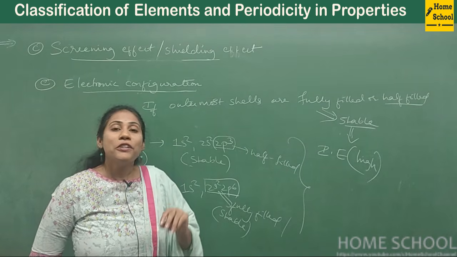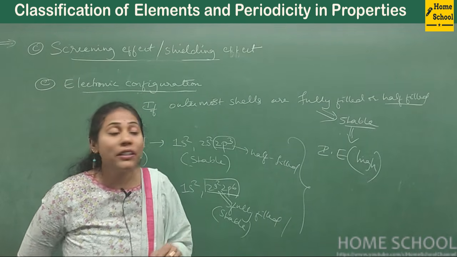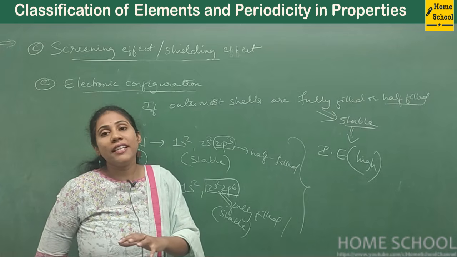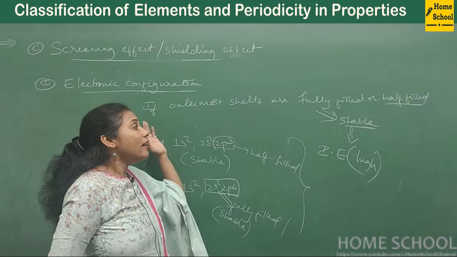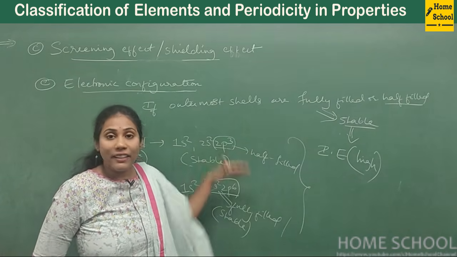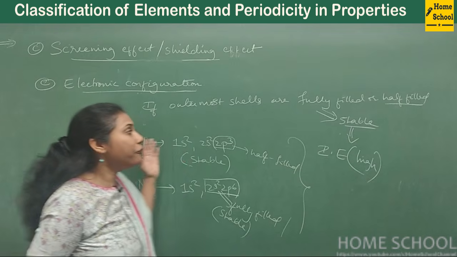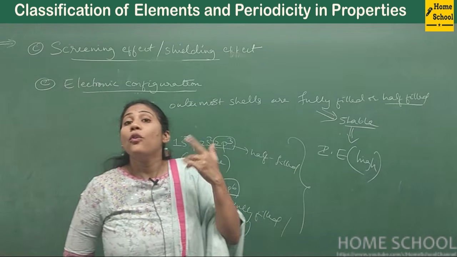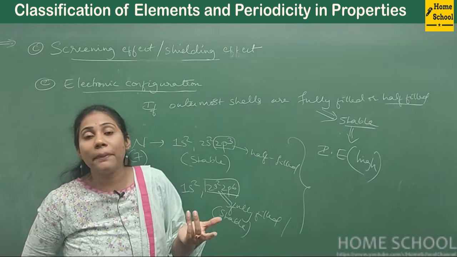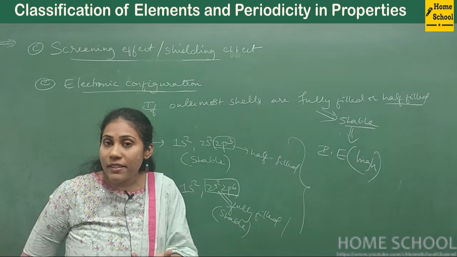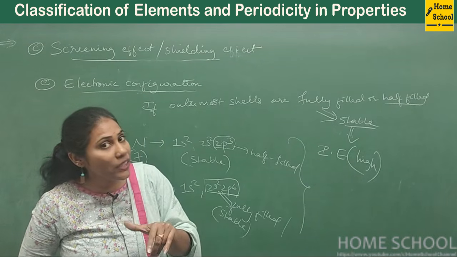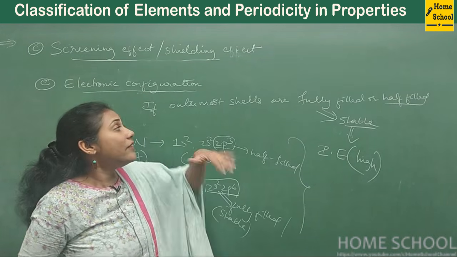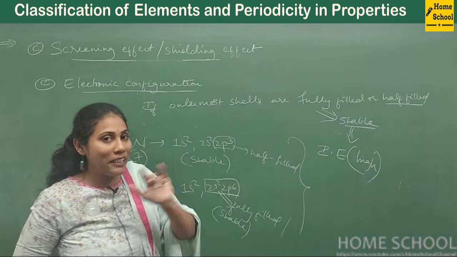These are the 5 factors you have to keep in mind before deciding about ionization enthalpy of elements or atoms. Now let us discuss the variation of ionization enthalpy in a period and in a group. When you go from left to right in a period, what happens to ionization enthalpy? Will it increase or decrease? And what happens to ionization enthalpy when we go from top to bottom in a group?